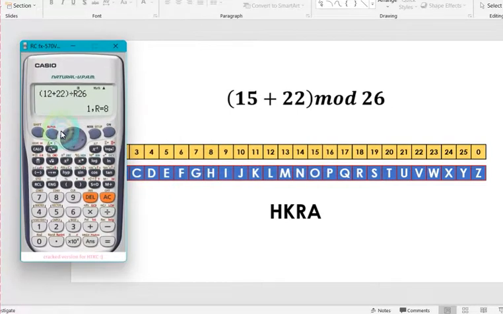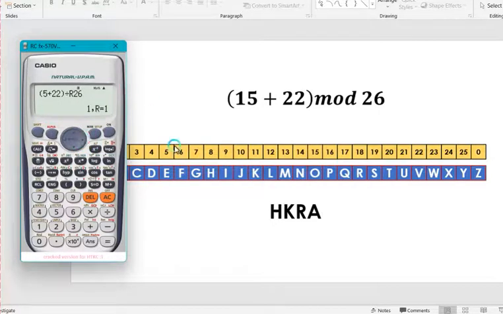Next, we have O. O is 15, just input 15. So, we have 15 and then the answer, that is 11, is K. Then, we have V is 22. And our answer is 18, that is R. Then, we have your E, which is 5.